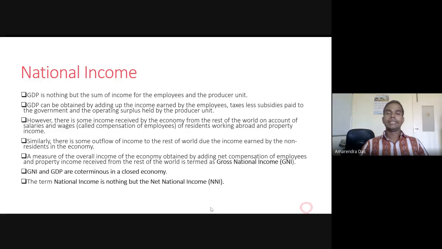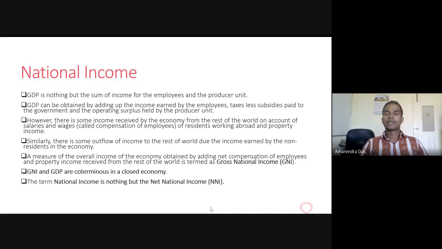So now, if we want to include that, then we have to use the indicator that is gross national income, in which we are taking the gross value addition plus the income obtained, basically all the compensation of the employees and property income.